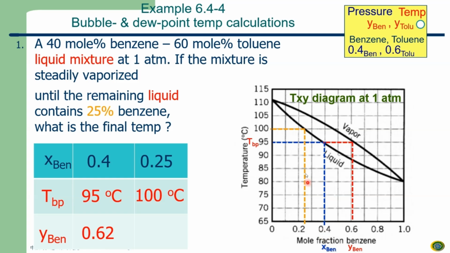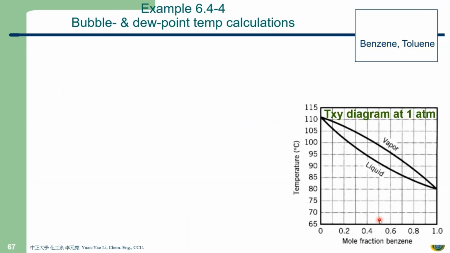Because I keep on increasing the temperature, the temperature will be 100, and yB will be what? You go up here, that will be 0.45. Okay?